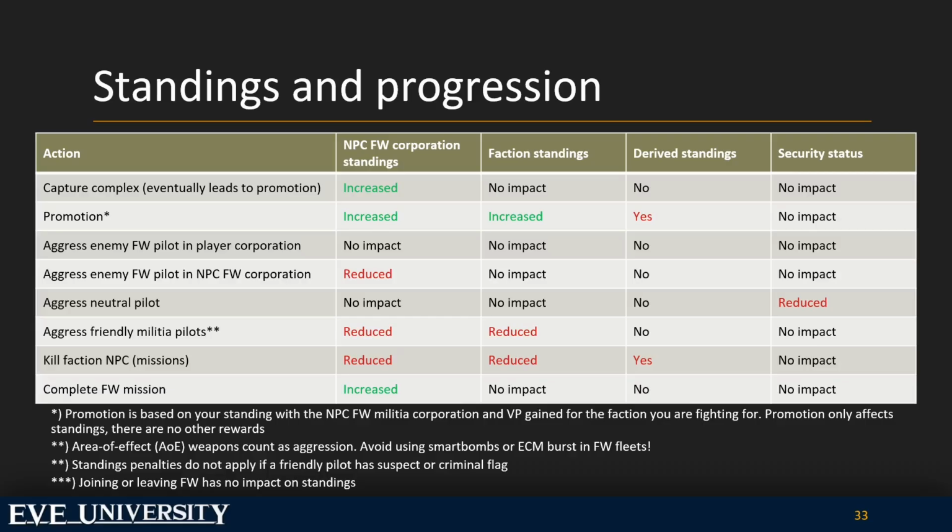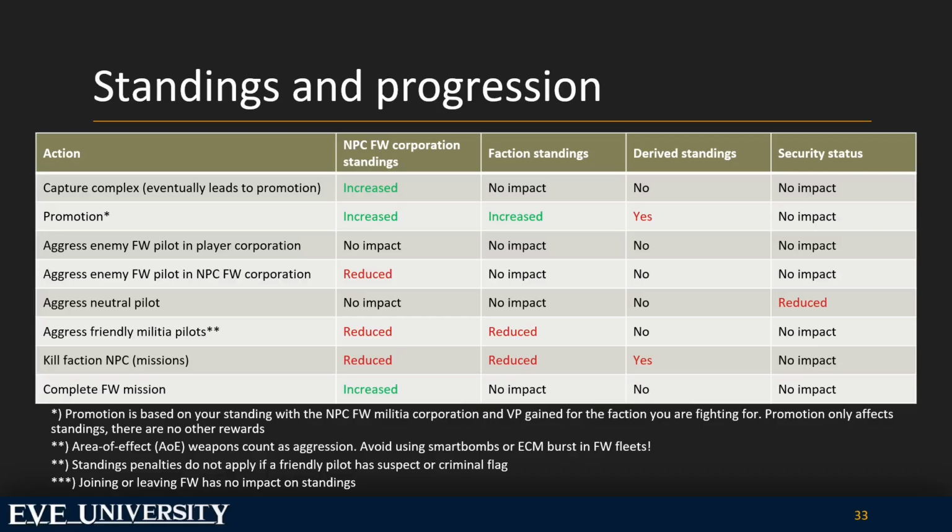And promotion will give you an increase to corporation standing for NPC corp, and an increase to faction standings. This sounds good, but the problem is that this promotion is also affected by derived standings.